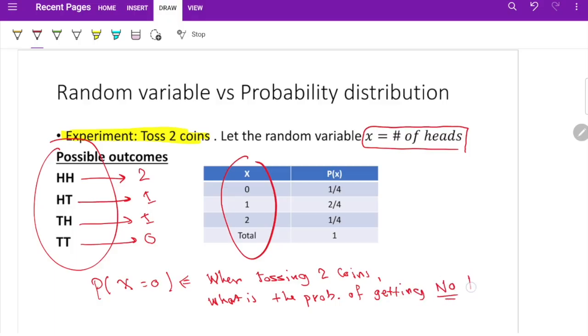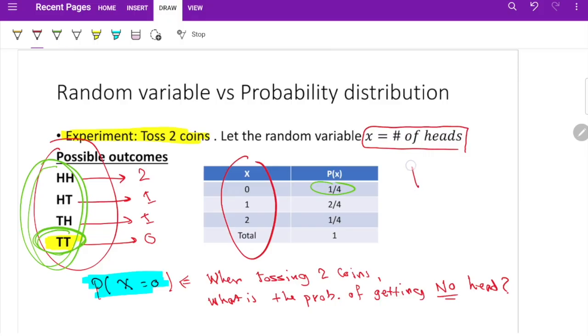This is the meaning of that one. What is the probability of getting no heads? We have only this one. This one has no head. So we have only one outcome out of 4. So 1 out of 4. So the probability of X equals 0 is this.